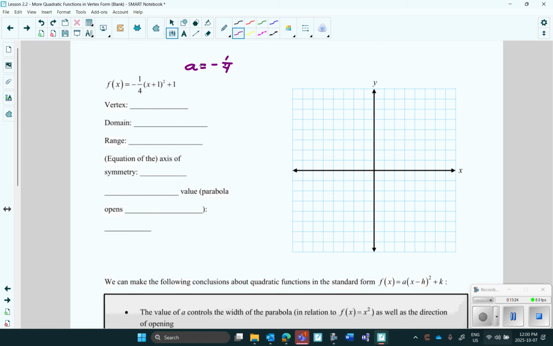What's H? Be careful. -1, and K, +1. So we do H and K first. So normally we start here, 0, 0, but this equation tells me I've got to move to the left 1 and up 1. So I got the vertex.